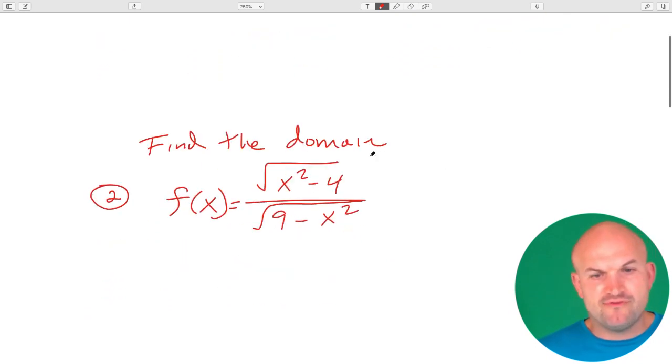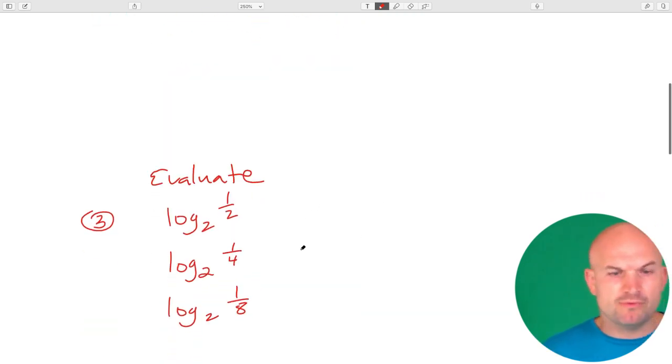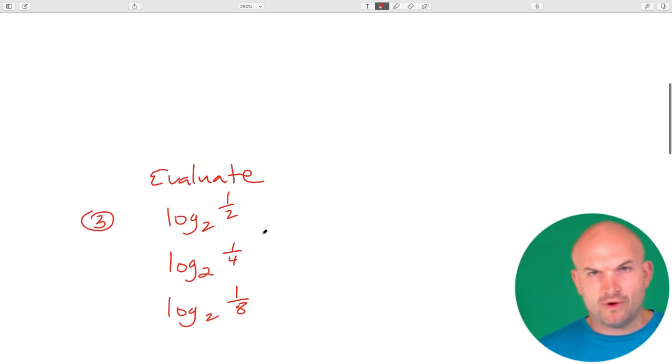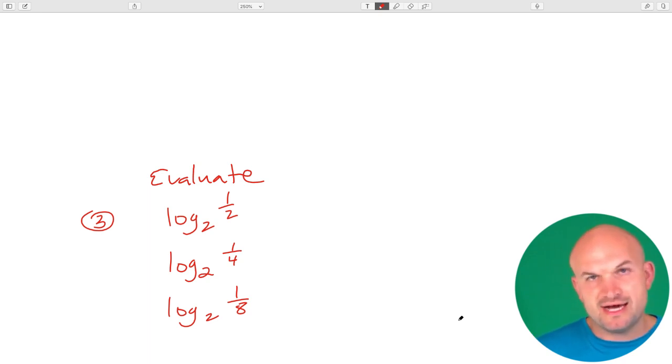And then we're going to look at one to find the domain of a function where we have a double radical, a radical in the numerator, a radical in the denominator, and some quadratic expressions underneath. And then I have some evaluate logarithms, when you have a logarithm and you're trying to evaluate for a fraction, basically a number between 0 and 1. And those were submitted to me either on my channel membership or on Facebook.